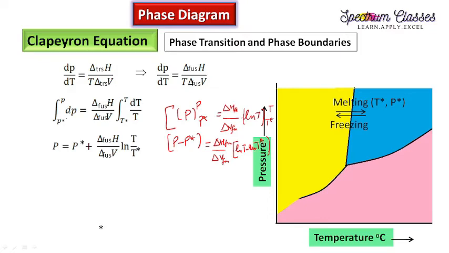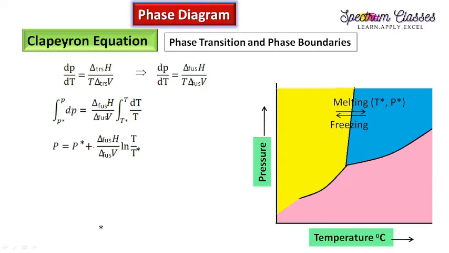When we have the natural logarithm of T minus that of T star, it can be written as ln T upon T star. So this minus P star I have put on the right-hand side, and therefore I will get P is equal to P star plus delta H of fusion upon delta V of fusion ln T upon T star. I hope you understand what I have done here.